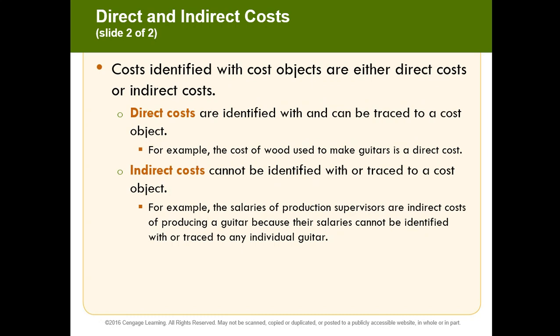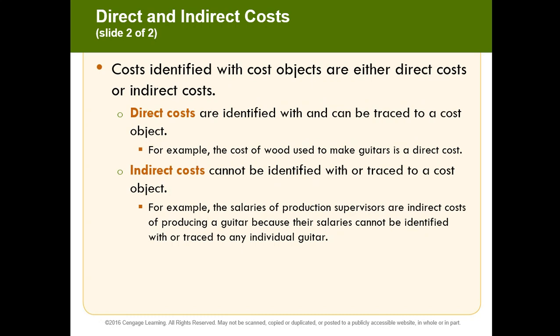Indirect costs are those costs that we know went into that product, but for whatever reason, maybe they're fairly immaterial or fairly small amounts. They're difficult to trace, and while you probably could, it would take too much time.